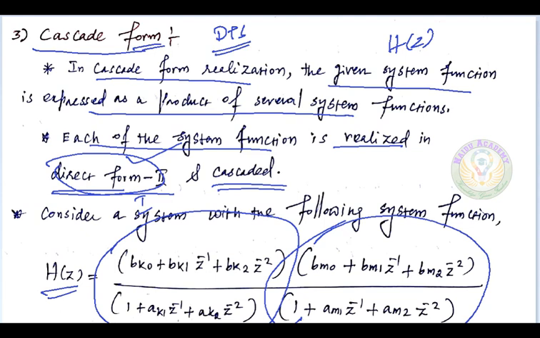For all these realizations, direct form 2 realization is very important. If you understood direct form 2 realization, then you can easily realize the other forms, cascade form and parallel form, because direct form 2 is the core realization of the cascade form and parallel form realization.